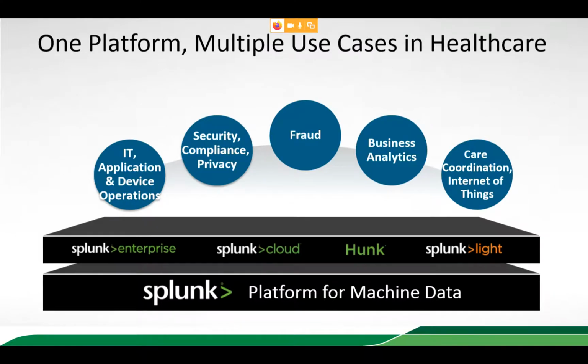Correct. Now there are major components, and you can understand the basic architecture from here. The bottom layer is the machine data platform. As I said, it's a core platform. On top of it, you have multiple flavors which you can use, or we can propose to the customer. One is Enterprise, a software solution you can install on-prem in the customer's data center.